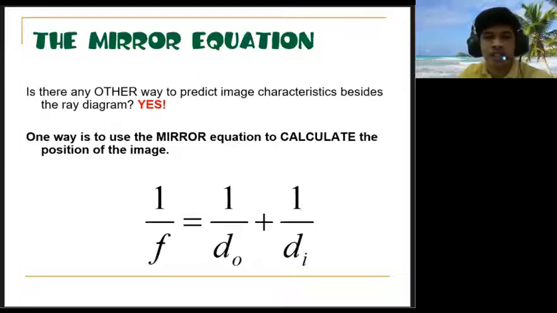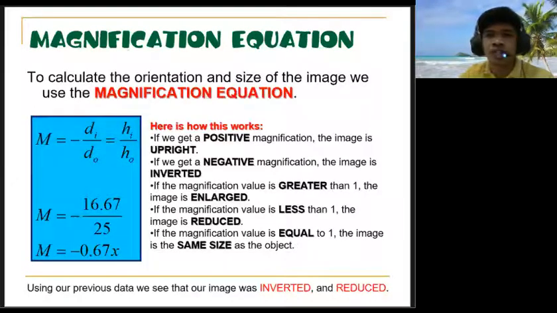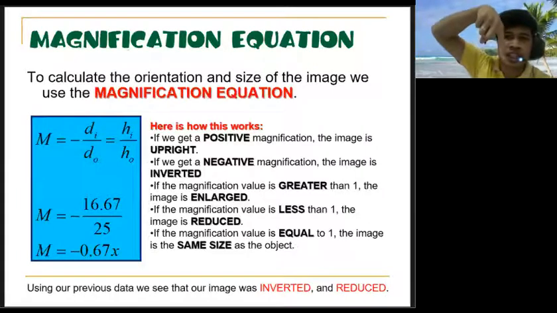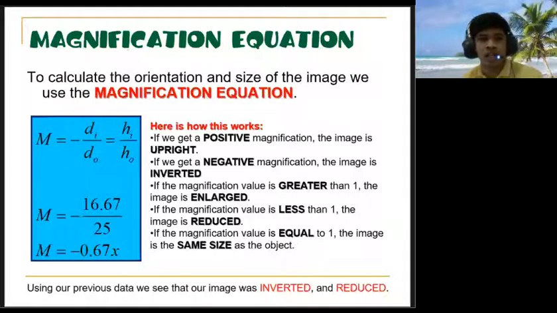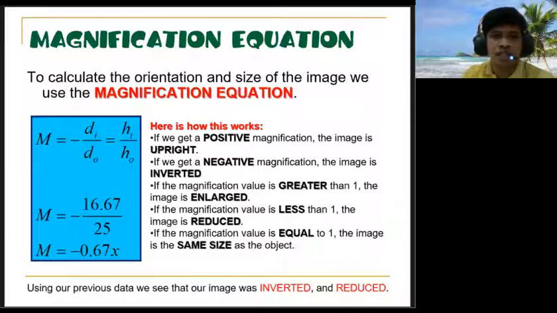Aside from this one, there's another equation that you need to remember. We call this the magnification equation. We use this to calculate the orientation and size of the image. When we say orientation, whether it is upright or inverted, and the size, whether it is enlarged or reduced. Magnification is m equals negative di over do equals hi over ho.